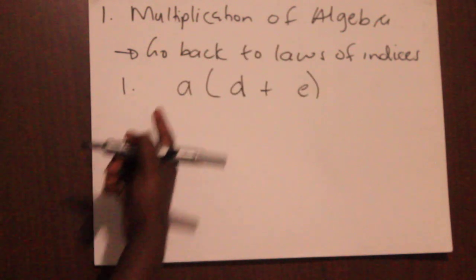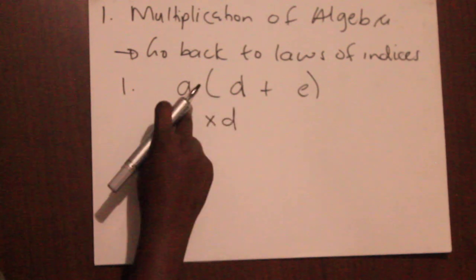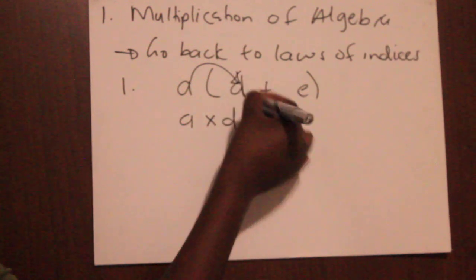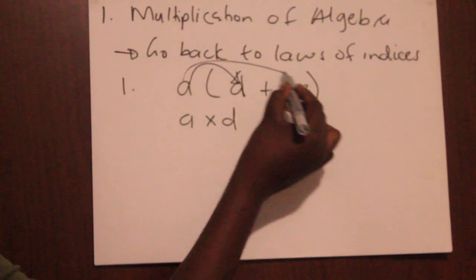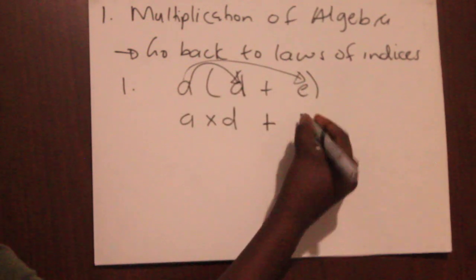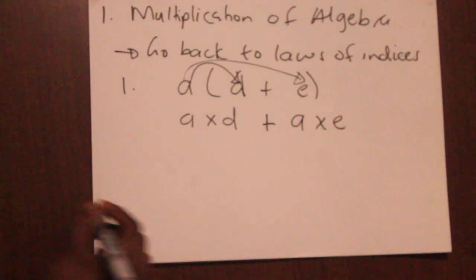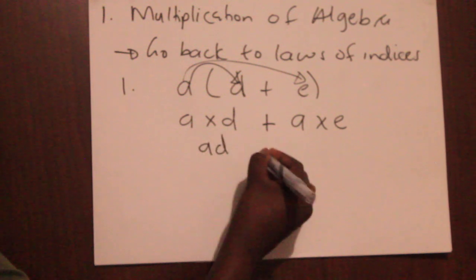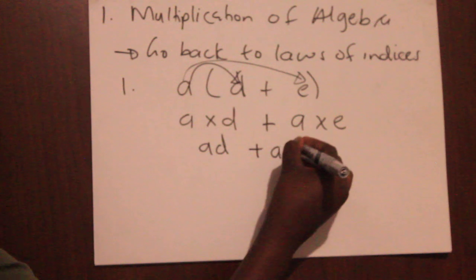So that means now we are going to have a times d, keep the sign in the middle, plus a times e. So when you multiply a times d, you get ad, plus a times e, you get ae.